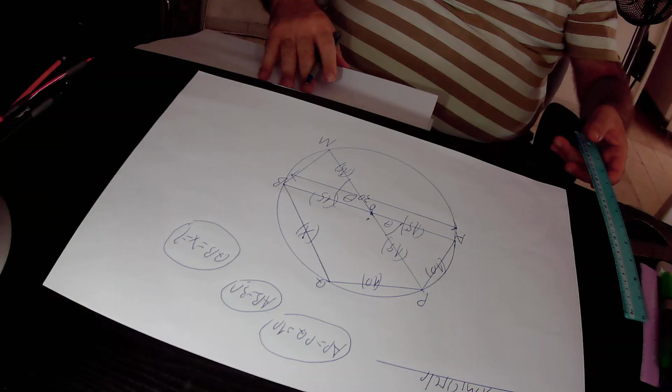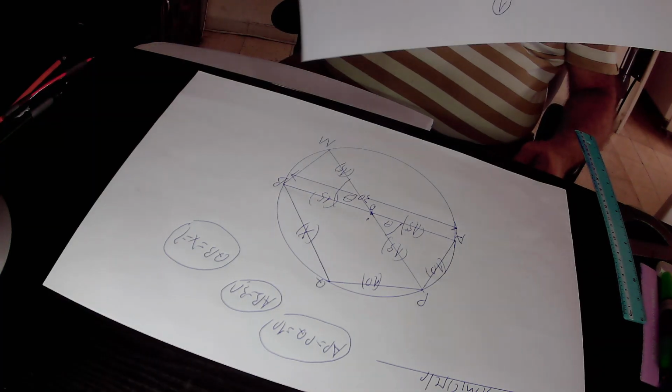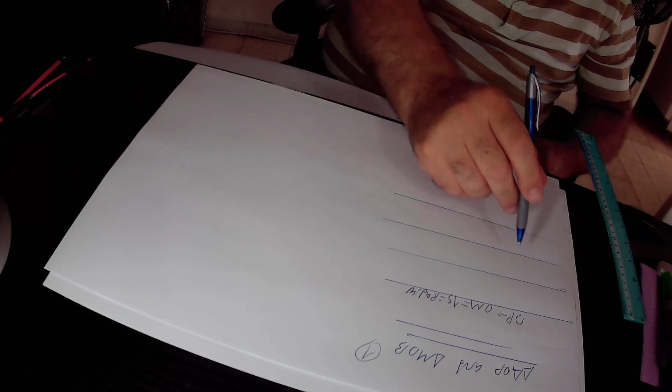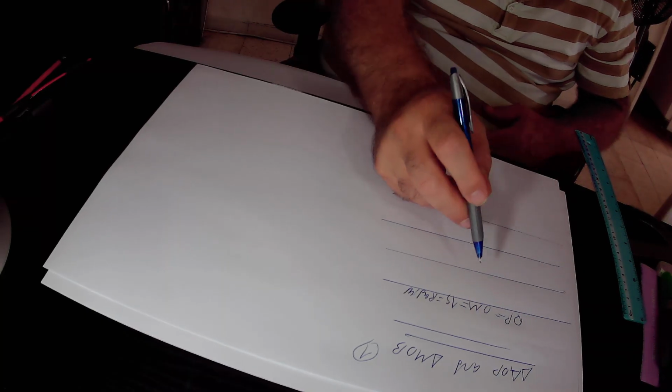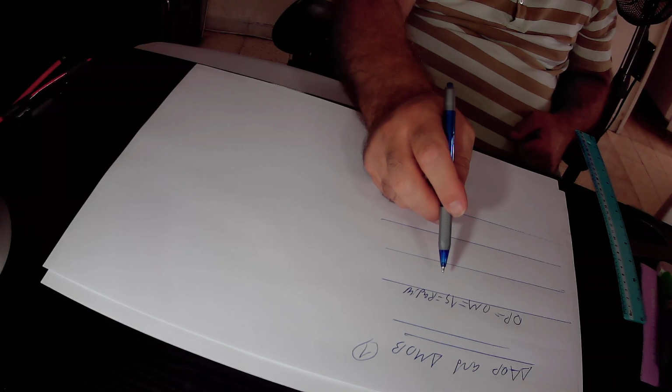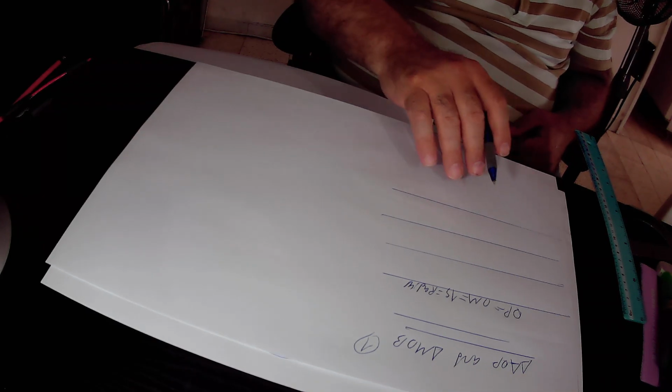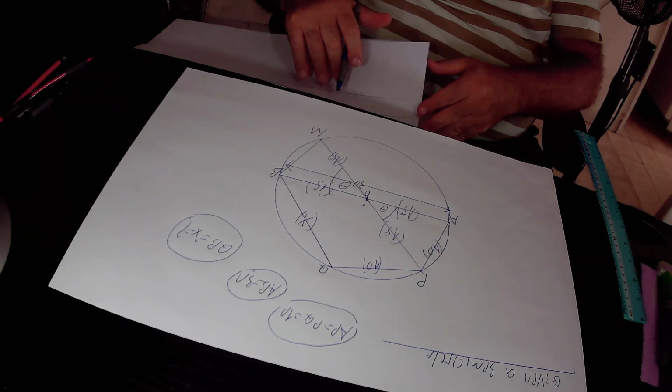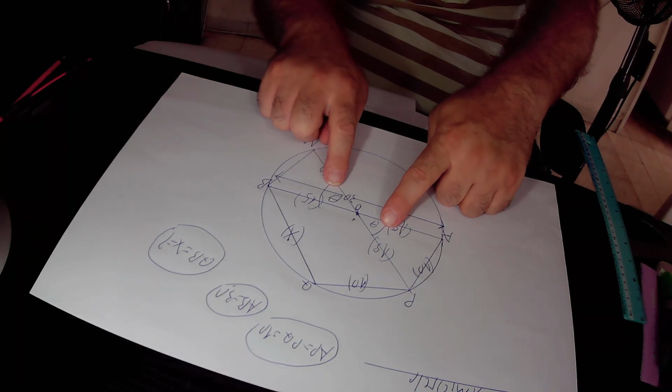Again, side OP of triangle AOP is equal to side OM of triangle MOB. They are both radii of the circle, equal to 15 units, therefore they are equal to each other. In addition, those two angles are vertical angles, and vertical angles are equal to each other.